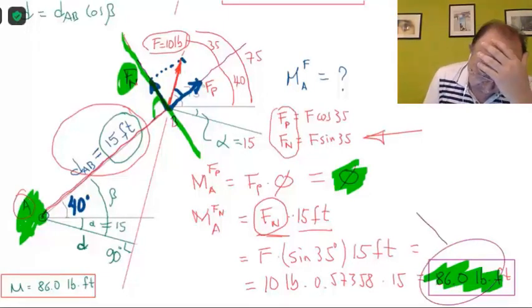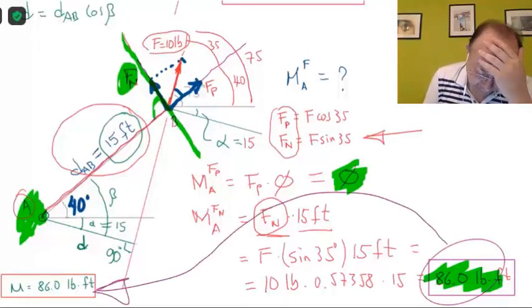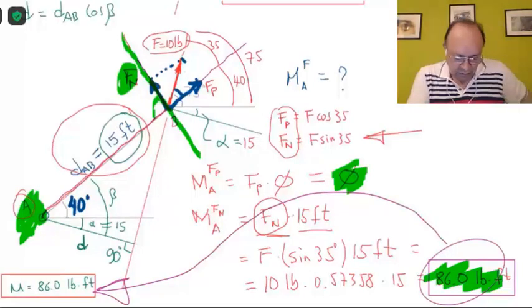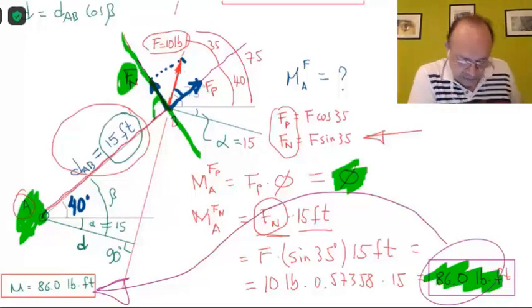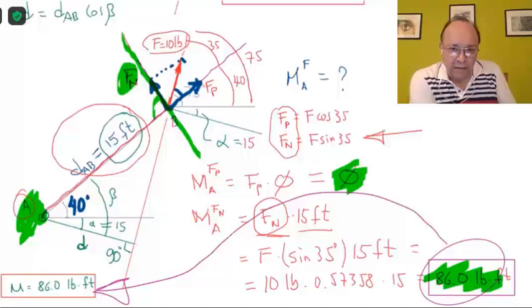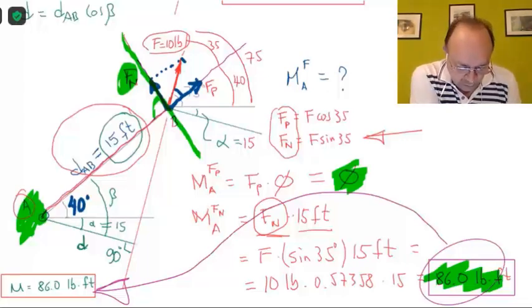So this is equal to the moment that we calculated before, that was based on calculating the moment as the multiplication between the force and the distance perpendicular from the point to the line of action of the force. I hope you guys see what we just did here.